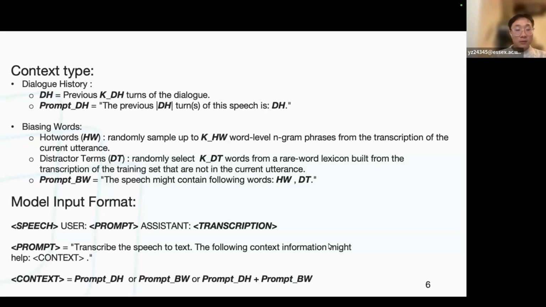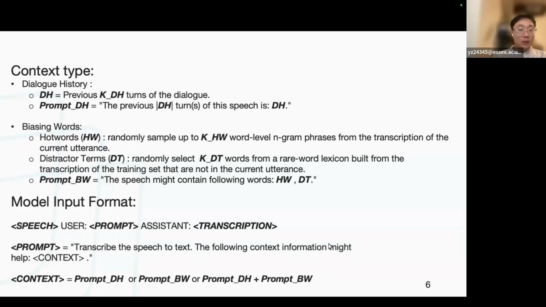Like the name implies, the distractor terms are randomly selected words from a rare-word lexicon built from the transcription of the training set that are not in the current utterance. So the prompt for the biasing words should be: the speech might contain the following words, followed by a word list containing the hot words and the distractor terms.